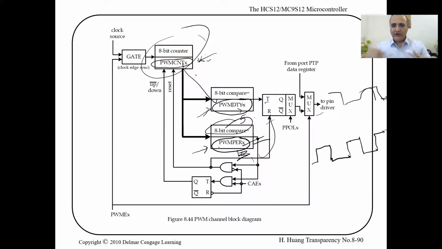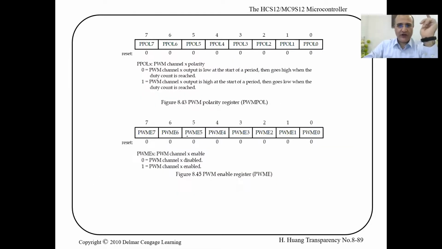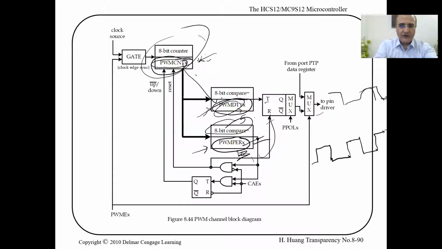So you don't need to keep counting and changing the values and telling it what to do next time. These are the registers: the counter, the duty, and the period register.